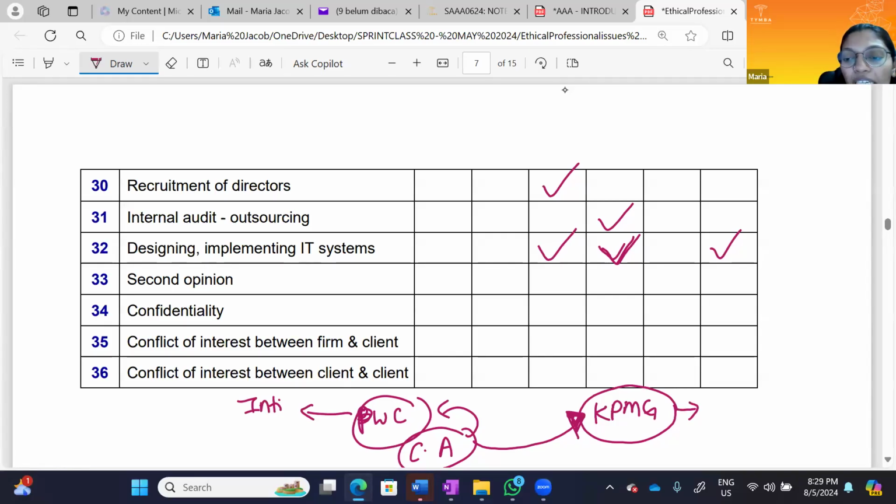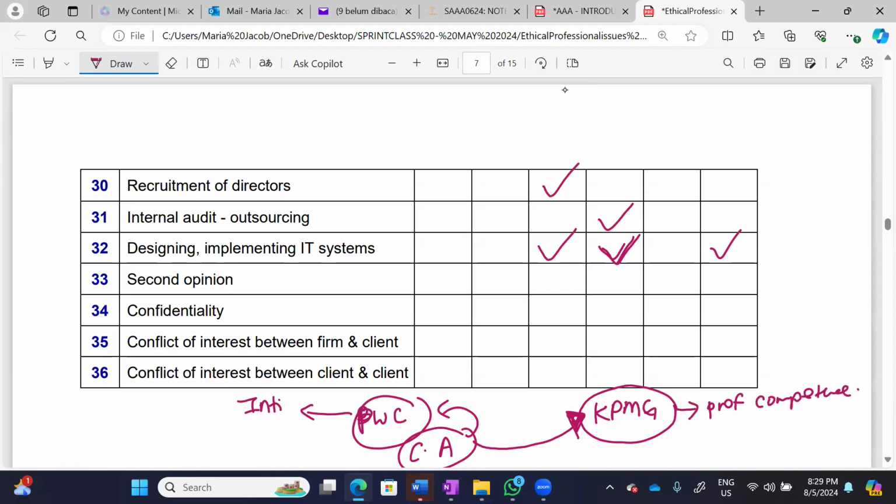But for KPMG, it is a threat to their professional competence, because they might not have all the information required to give the opinion, but they go and give an opinion.